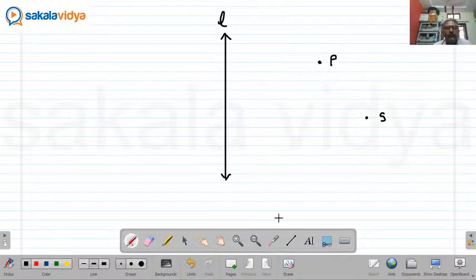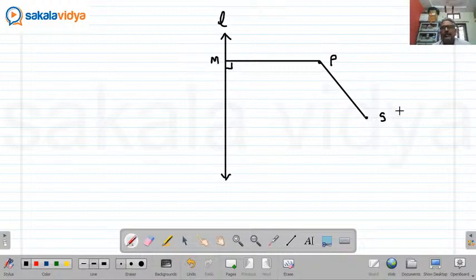So now join SP. Draw a perpendicular from P to line L. So this is the perpendicular, say PM.